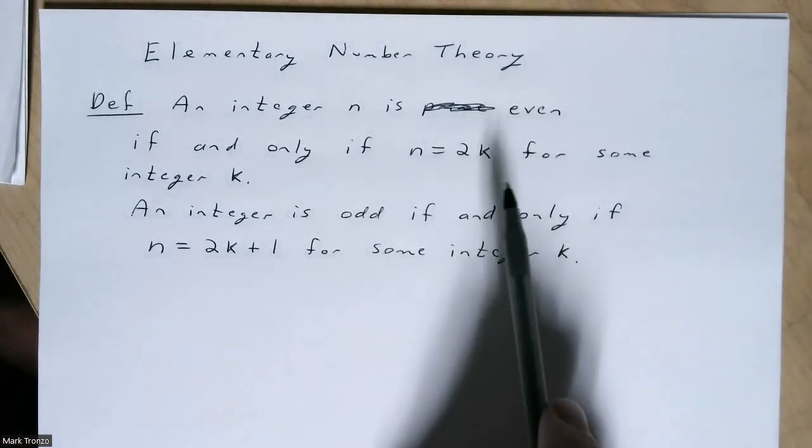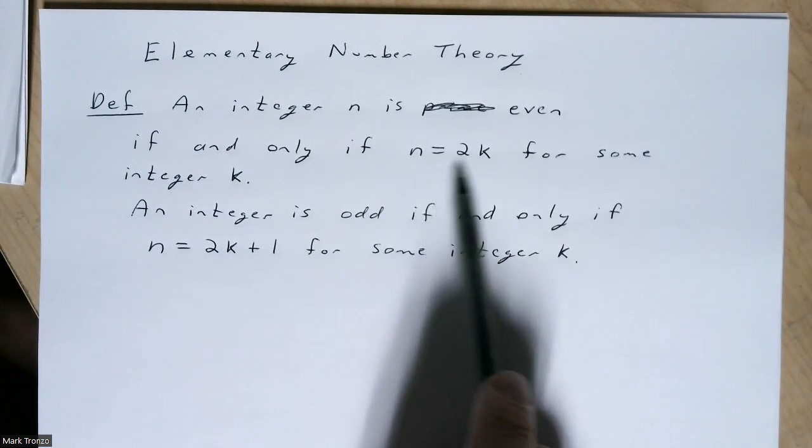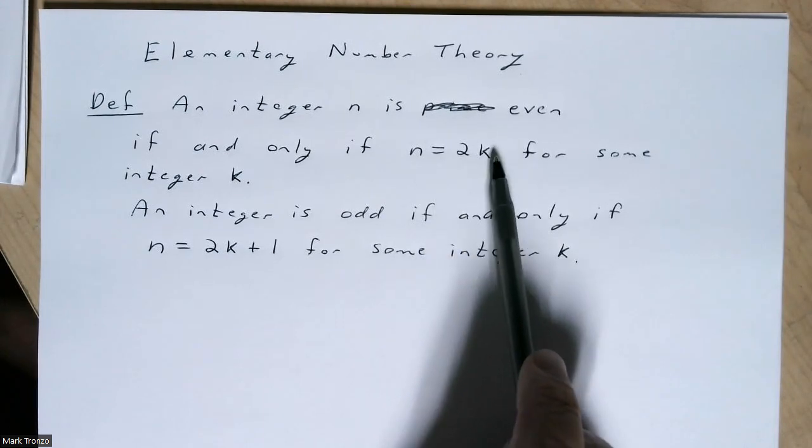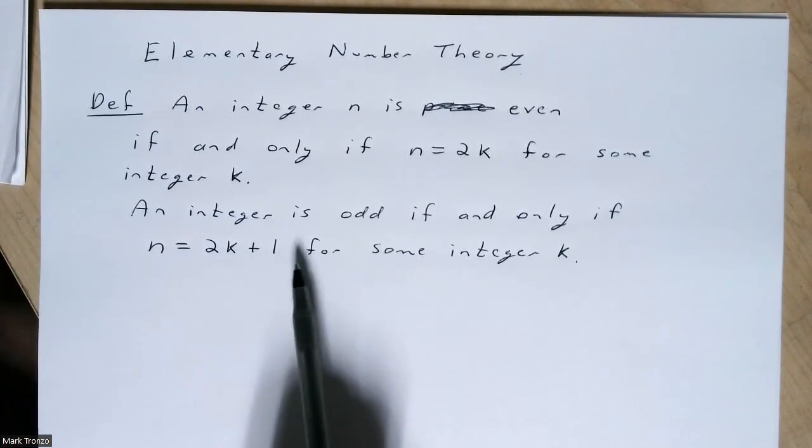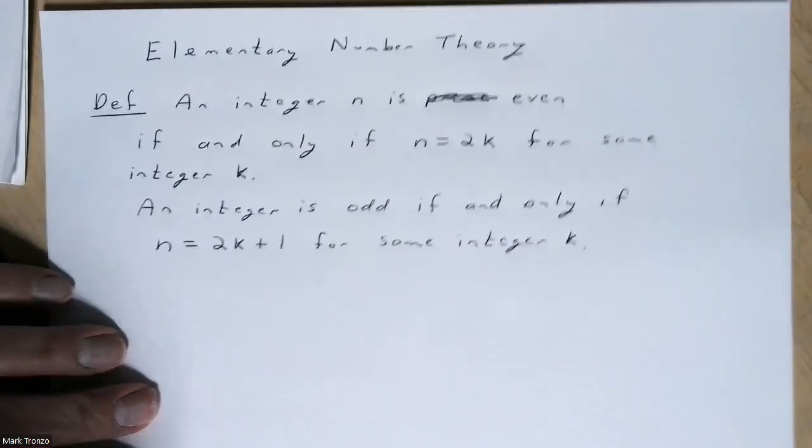If it's even, you can write it as 2 times another integer. If it's odd, you can write it as 2 times another integer plus 1.